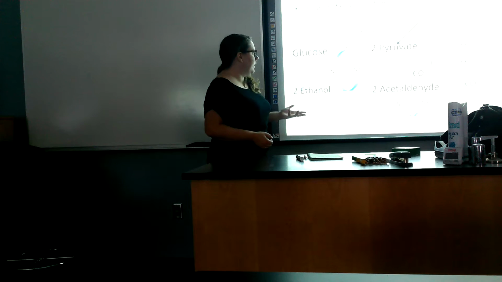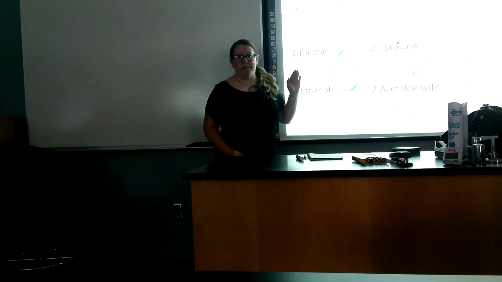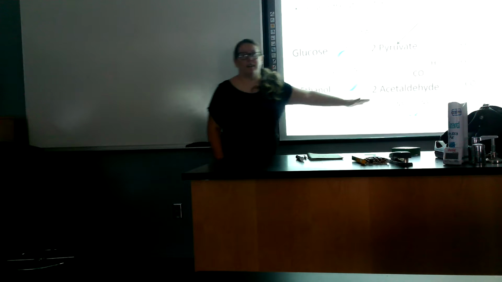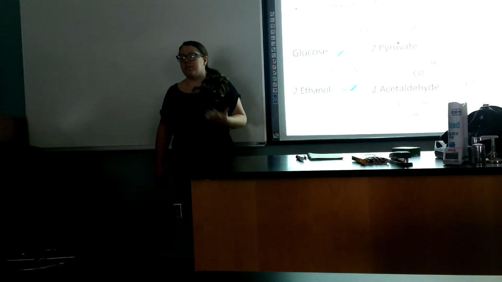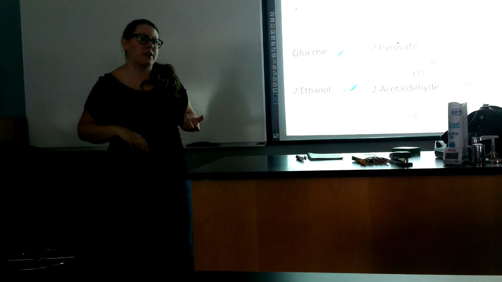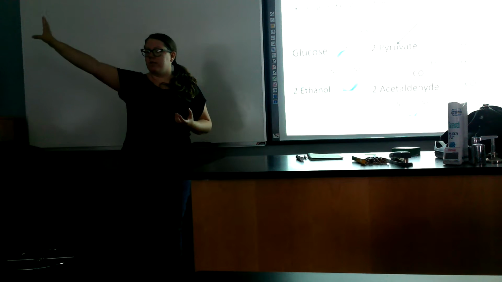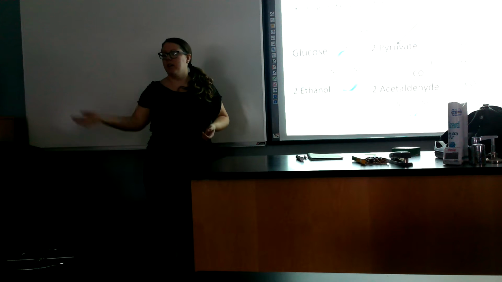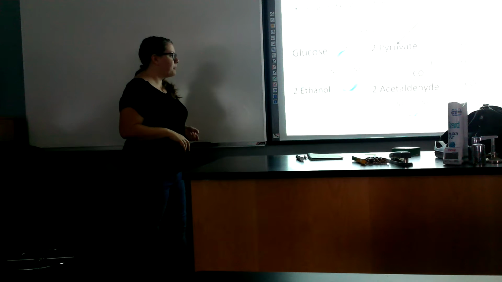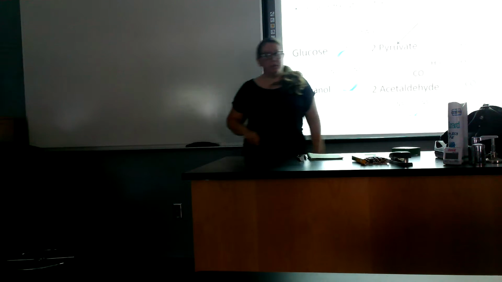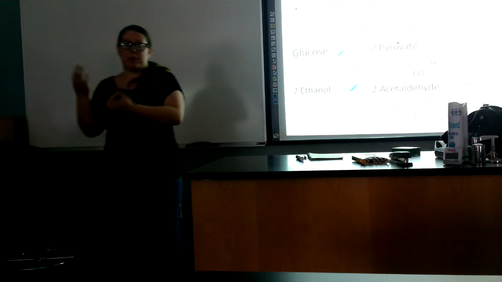What they're really doing is regenerating that NAD+, because in the process of taking a byproduct, acetaldehyde, and converting it into ethanol, they're able to hand off that NAD+. So they can take the electrons from NADH and let the NAD+ go back to glycolysis so that we can keep trying to make those very small amounts of ATP. You'll notice another byproduct of that is CO2, which is where we get bubbles from, right?